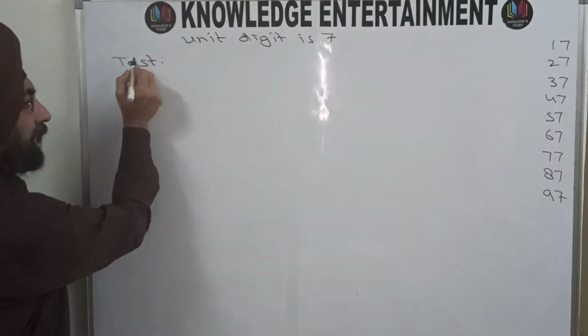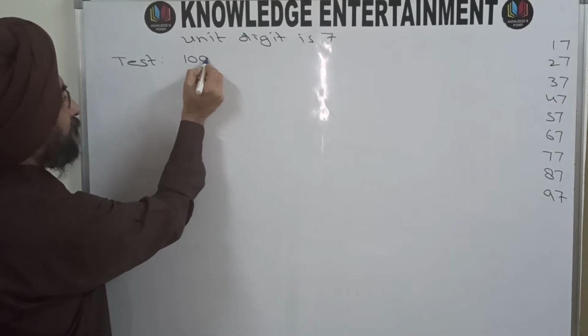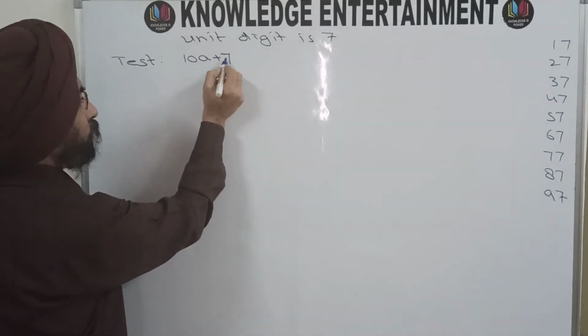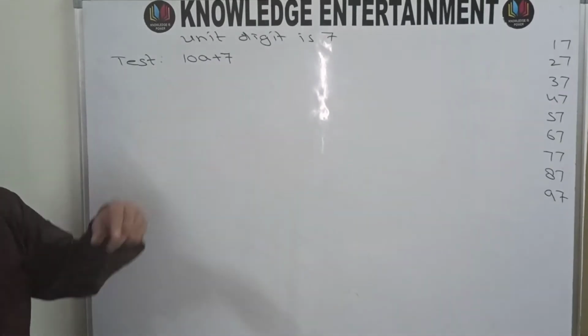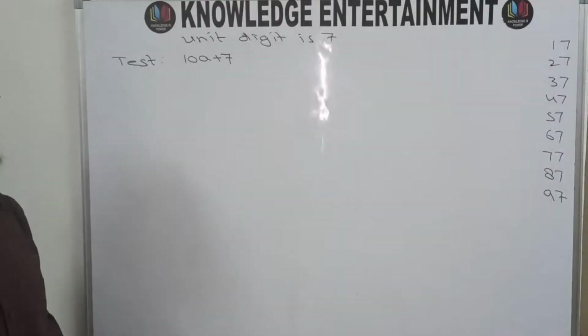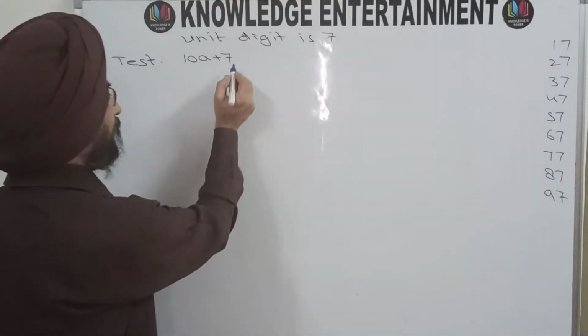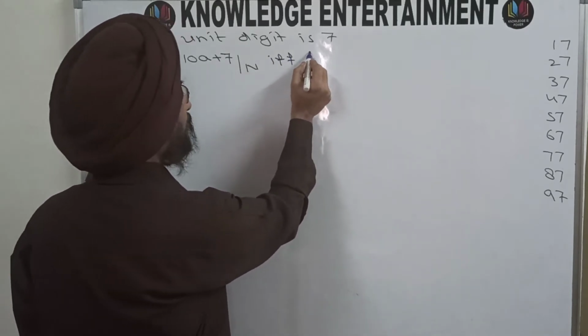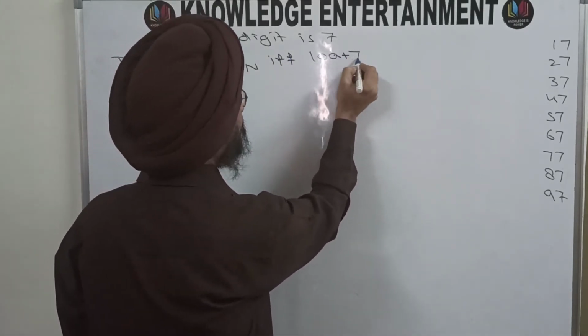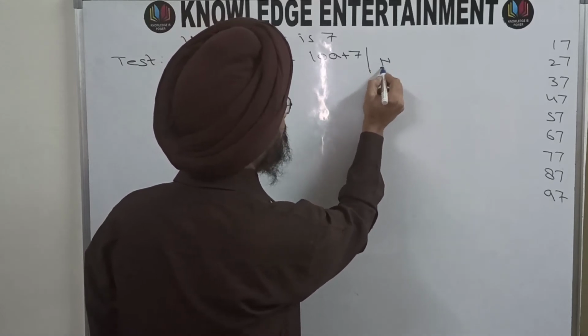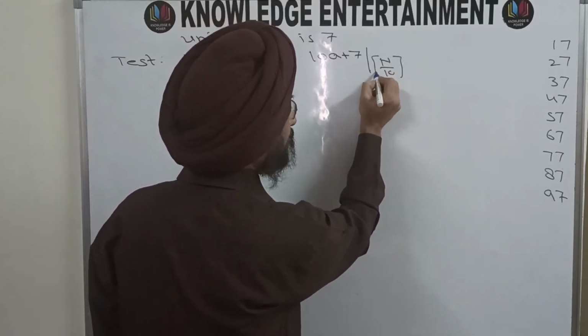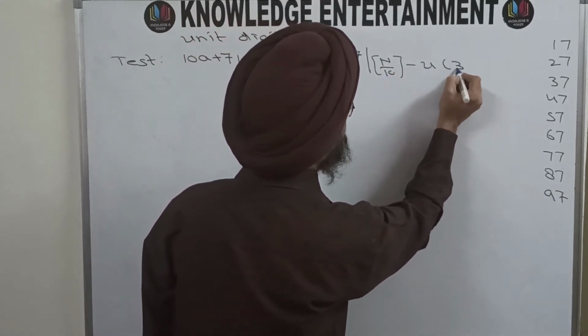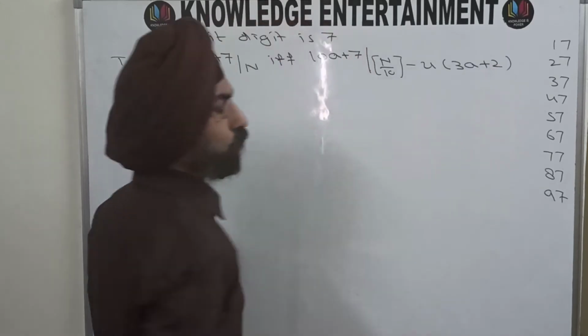This test says that 10a plus 3, sorry, 10a plus 7, not 3, because earlier the last digit was 3 and now the last digit is 7. So 10a plus 7 divides n if and only if 10a plus 7 divides n by 10, greatest integer, minus u times 3a plus 2.